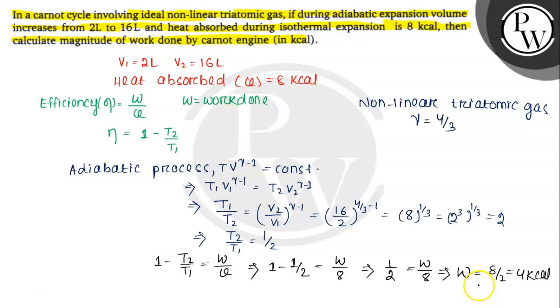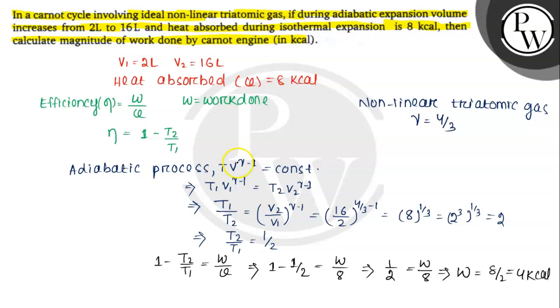So the final answer: the magnitude of work done by the Carnot engine is 4 kilocalorie. If we look at the overall process, first we have the heat absorbed, and the formula of efficiency is W by Q as well as 1 minus T2 by T1. If you find out T2 by T1, then you can easily find out W because Q is given.